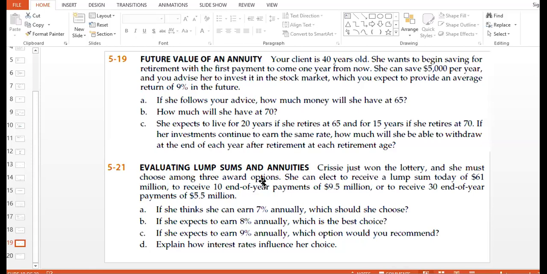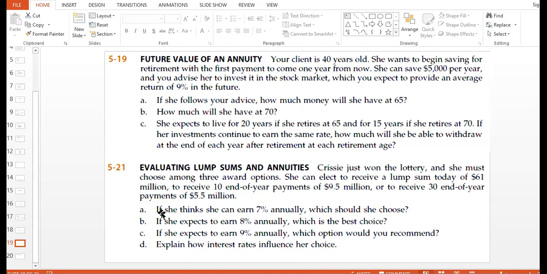Now she has 3 options, and definitely she has just one best option, so she will choose the best option among these 3. She can elect to receive a lump sum payment of $61 million today, or to receive 10 end-of-the-year payments of 9.5 million, or to receive 30 years of end payments of $5.5 million.